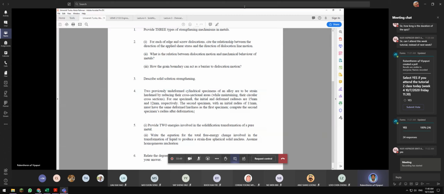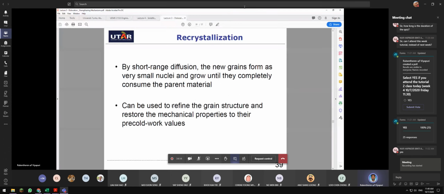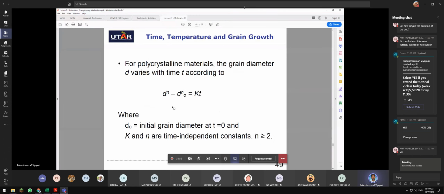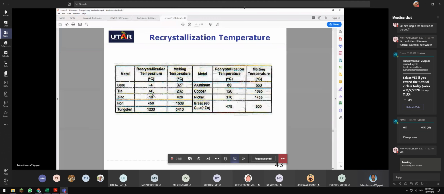For one specimen, the initial and deformed radii are 15 mm and 12 mm respectively. The second specimen, with an initial radius of 15 mm, must have the same deformed hardness as the first specimen. Compute the second specimen's radius after deformation. So use the cold working formula.